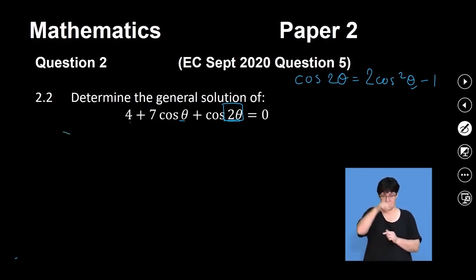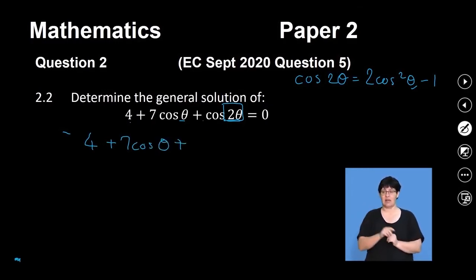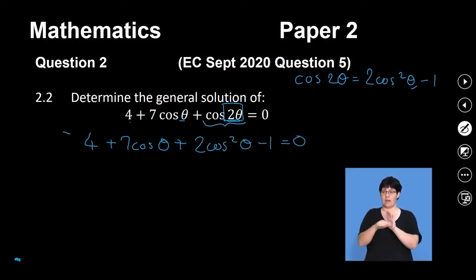So this is going to become 4 plus 7 cos theta plus, and this I'm now going to write as 2 cos squared theta minus 1, and that's all equal to 0.